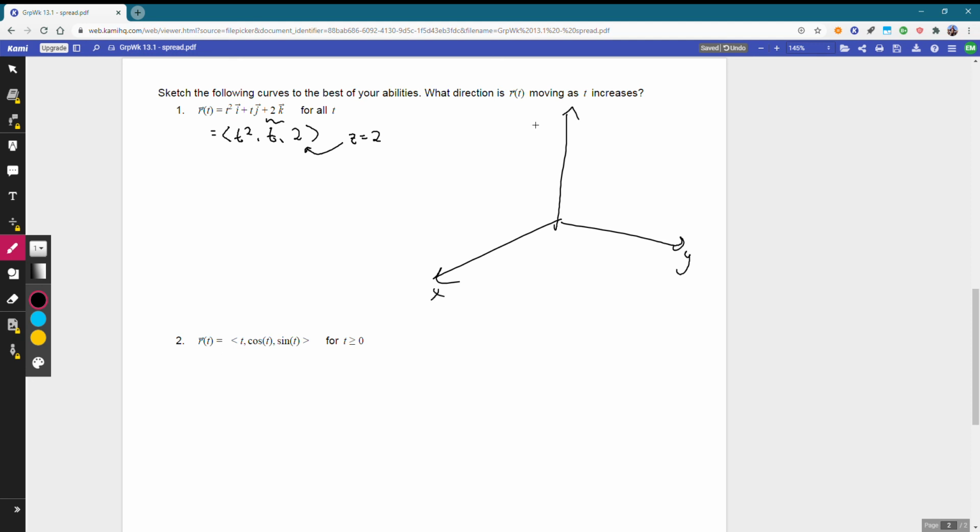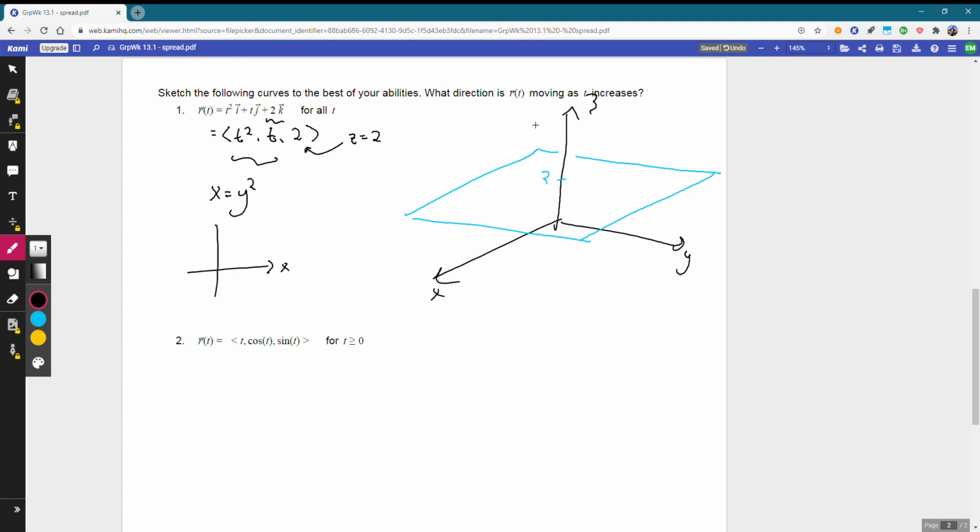And so in terms of getting a graph in 3 space, you know that every single point lives on the plane z equals 2. So we can trace that in, give ourselves some context. All right, what about x and y? What are those up to? Well, we can grab a quick relationship. Notice that x equals y squared.